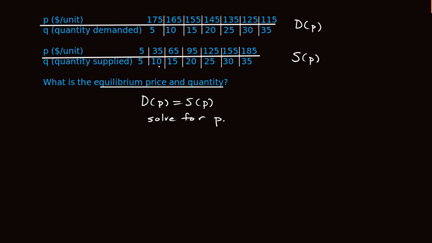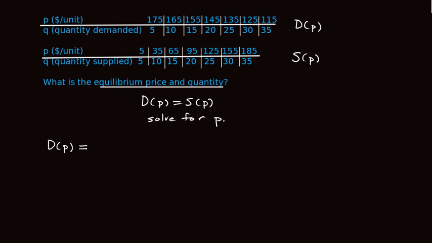And as we move the quantity up by 5 units in the table here, the price goes up by 30 each time. So we have a constant rate of change, that is, these are linear functions. Okay, so our first step is to write the demand function as a linear function and then to write the supply function as a linear function.